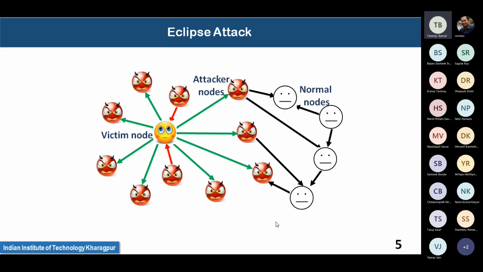If the victim node's list of peer addresses is filled with some addresses that belong to the attacker's nodes, and some with junk addresses which do not actually exist, then also the victim will not be able to communicate with those ones. So that is what the goal is.